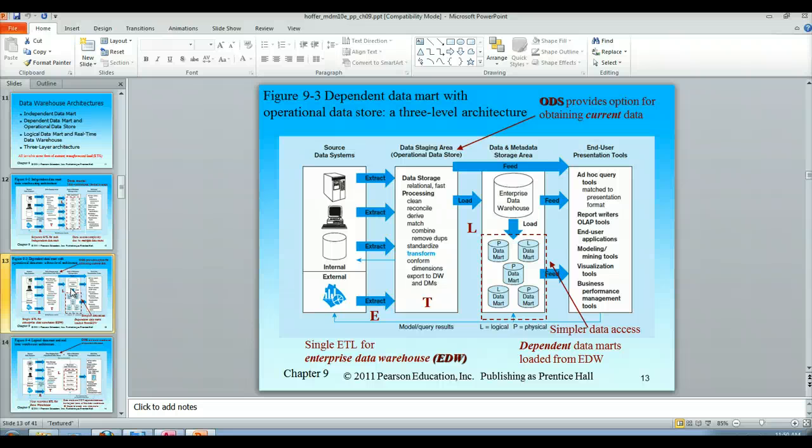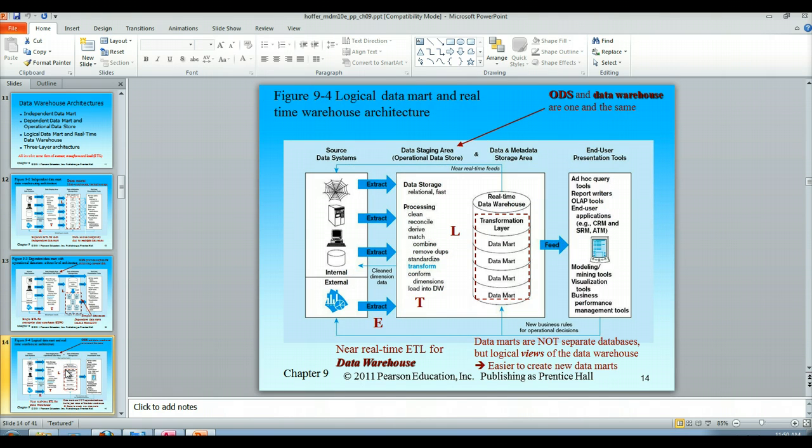In this case, we're talking about an EDW, an enterprise data warehouse, where all of the data from the extraction and transformation process gets loaded into the EDW first, and then gets dumped into data marts. Again, this makes querying much easier, since for the most part a lot of people are going to go right to the data warehouse or to their individual data marts for query access.